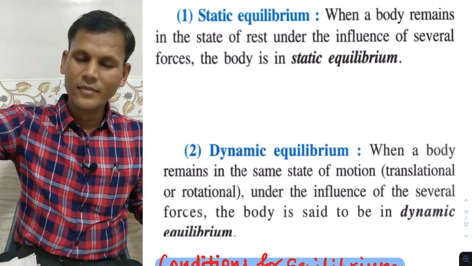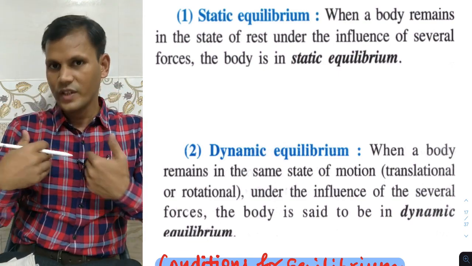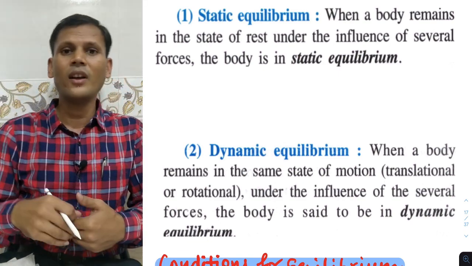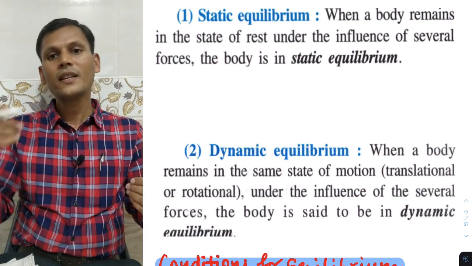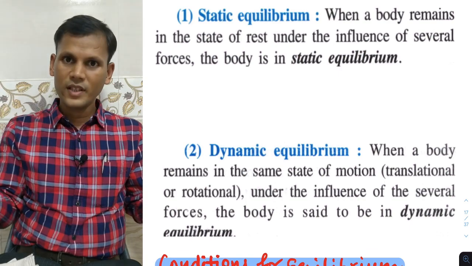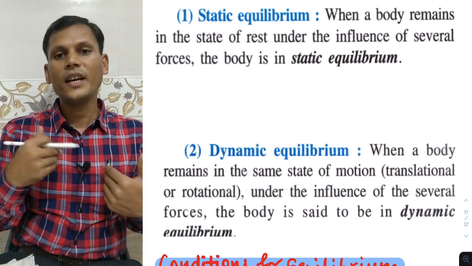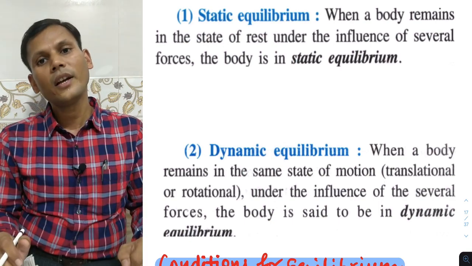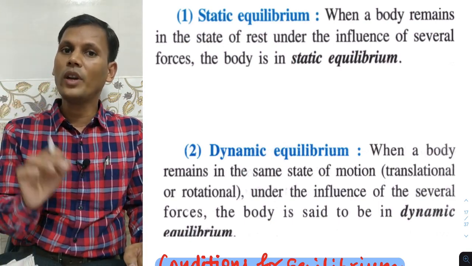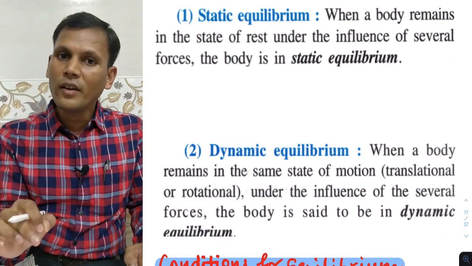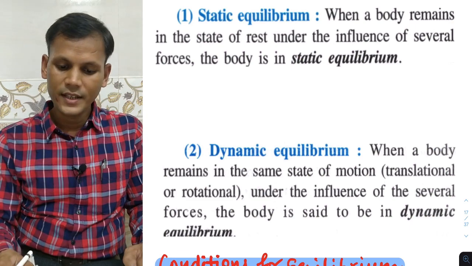Somebody is applying force from this direction, somebody from that direction, and still I am at rest. It means the total sum of the forces acting on me will be 0. So in a simple way we can say, if any body is in equilibrium, the sum of all the forces acting on the body will be 0.